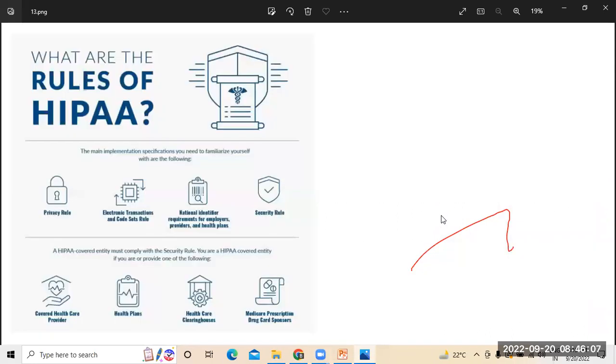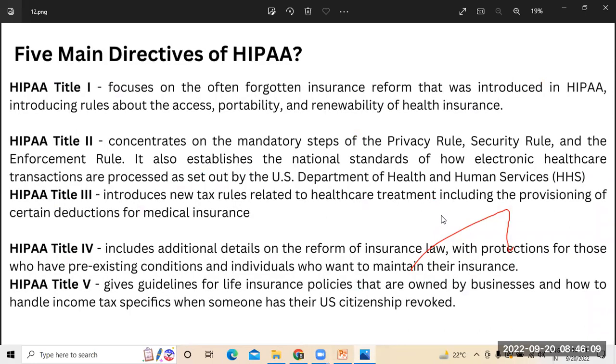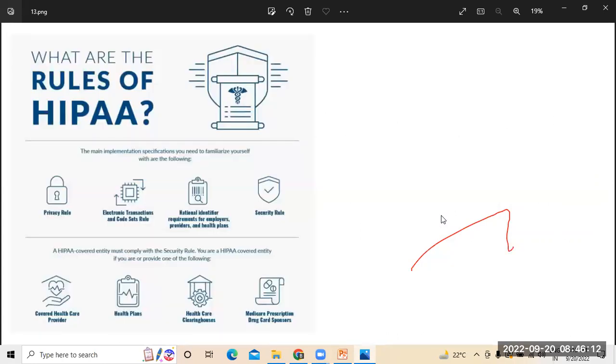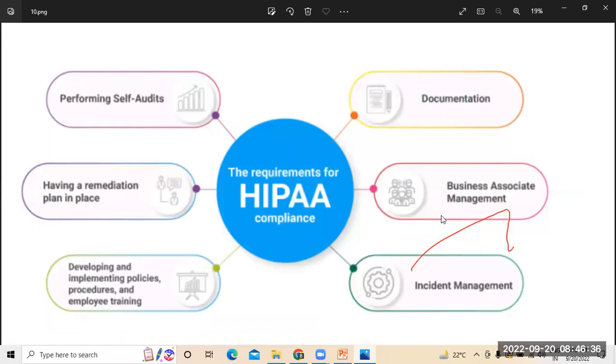Second, what are the 5 main directives of HIPAA which we normally follow, followed by what rules are there under HIPAA, meaning what are the protection rules which protect HIPAA? And for what reason, for what purpose, HIPAA was introduced. The purpose of HIPAA should be known first. So these are the rules of HIPAA and everything. This is the whole information about the Health Insurance Portability and Accountability Act. Being a business analyst, you must be good with it.